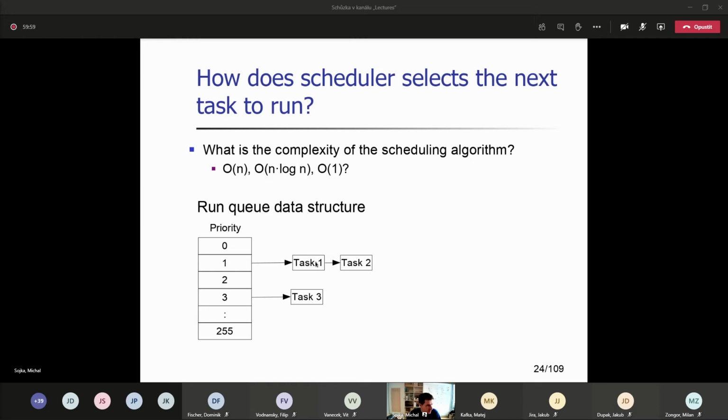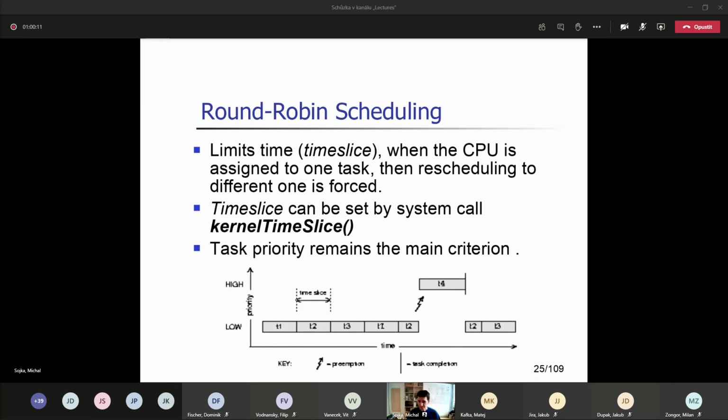So just by putting the task to the end of the queue, the operating system implements round-robin scheduling. The rest is the same. So this is about round-robin scheduling and the API to switch on round-robin scheduling in VxWorks.